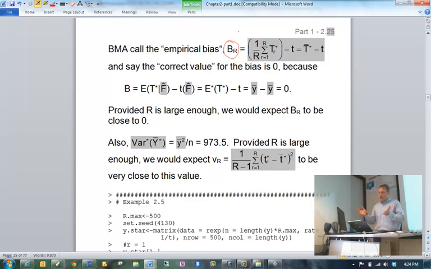Alternatively, since we have a parametric bootstrap, we know what the expected value of t star given f hat would be. Well, it's simply y bar, it's an exponential y bar. So in fact, the true bootstrap estimate of the bias happens to be 0.